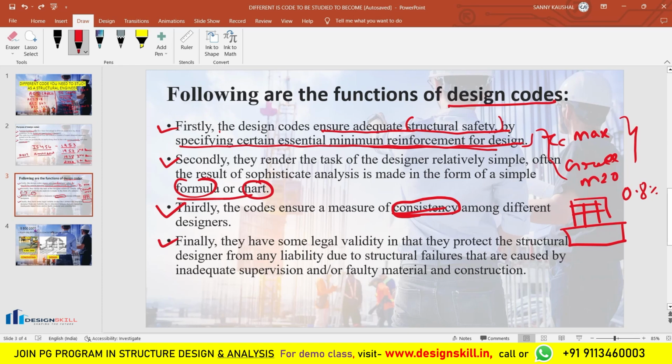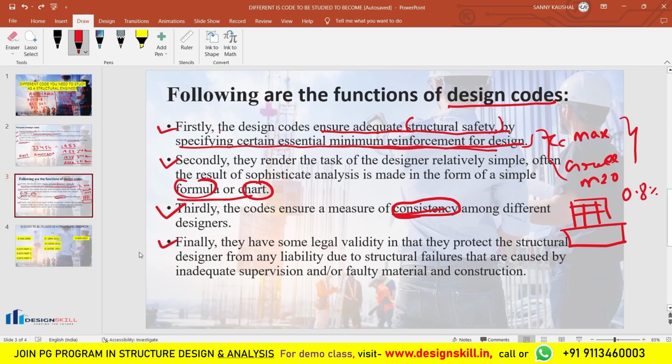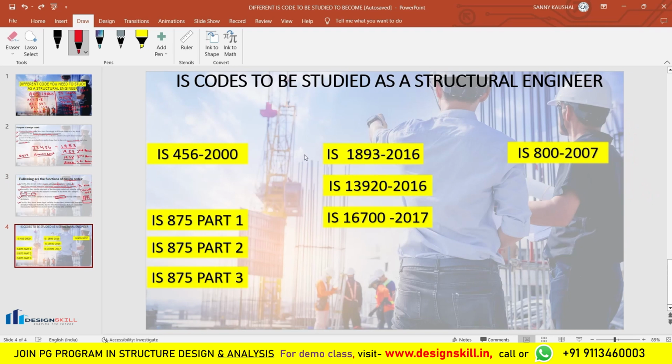Next we will look at the different codes we need to study as a structural engineer. Let us move to the next slide, which is the list of all the important IS codes you require to study to become a good structural engineer. These codes are freely available on the internet, and you can download them.